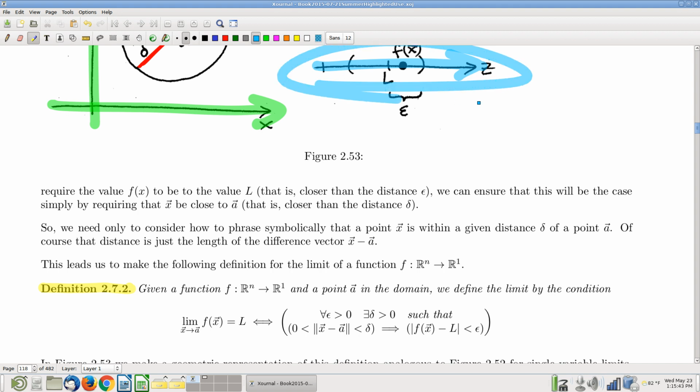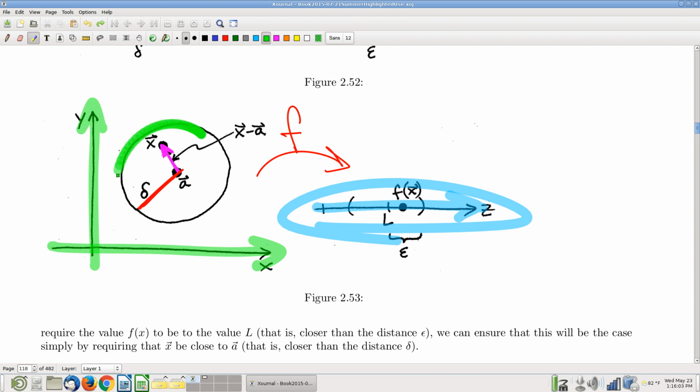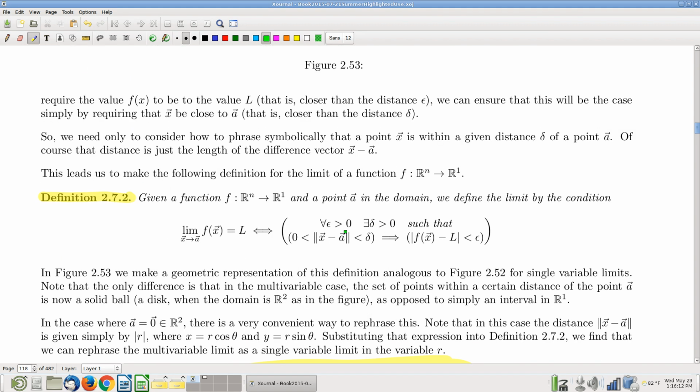This idea of sufficiently close, distance from L characterized by a maximum allowable radius epsilon, just like in the single variable definition. And this idea here that x is inside of this disk, I just need the magnitude of the x minus a vector to be less than delta. There needs to be some delta such that x is within that ball, that disk, or said differently, the magnitude of the x minus a vector needs to be less than delta.